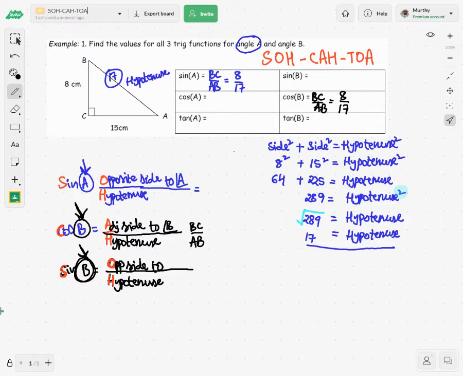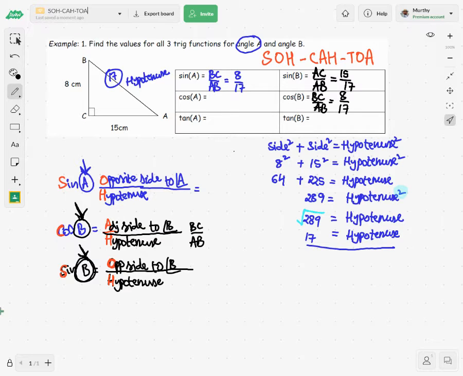So sine B equals opposite side to angle B. Angle B is here and this is the opposite side, which is AC, over the hypotenuse, that's AB. Now you can plug in the values. AC is 15 units and hypotenuse is 17 units.